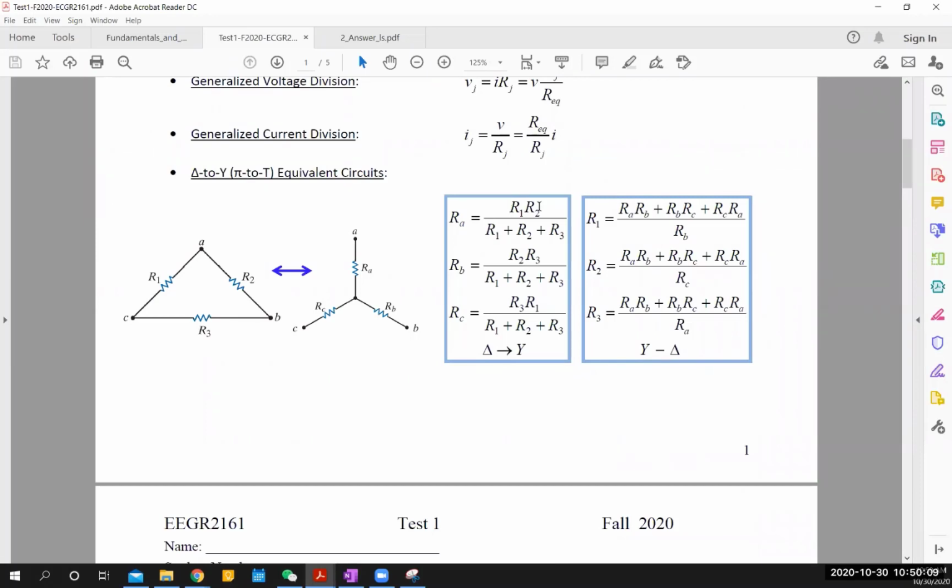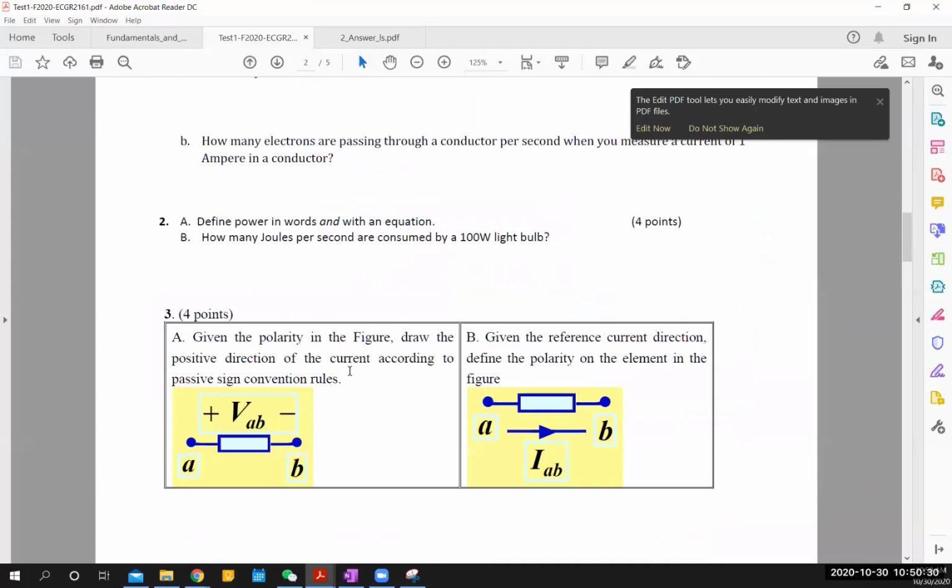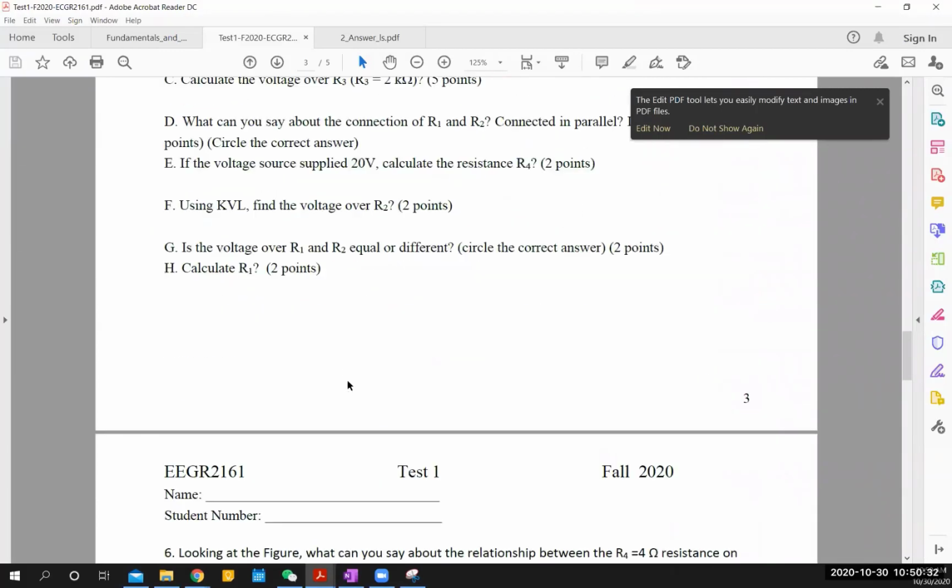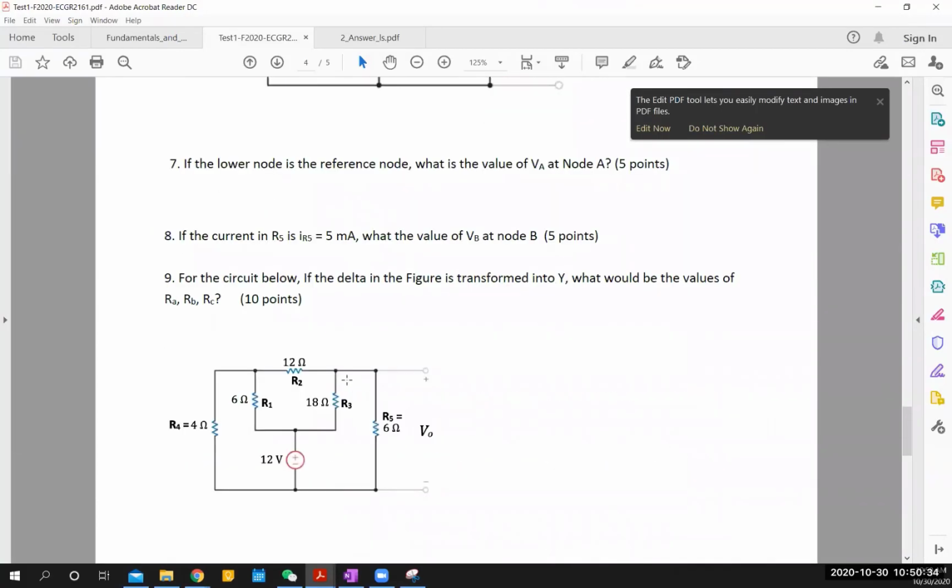So RA is R1 R2 over the sum. Now, to find the middle branch here, multiply the associated two resistors and divide by the sum. To find the value right here, multiply R2 and R3 and divide by all of them. As the formula is already given, I'm not going to solve it.